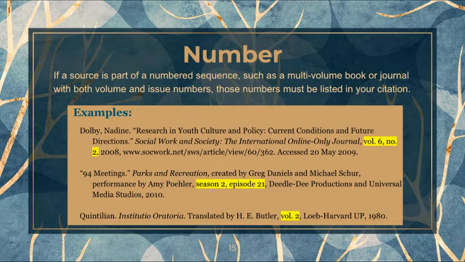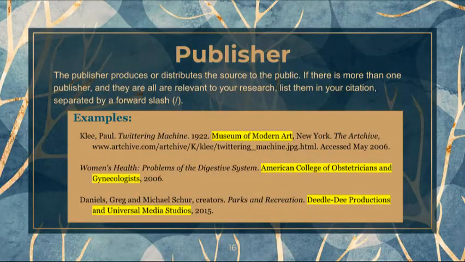One is an actual journal where you can see the volume and the number, as well as a Netflix episode where you can see the particular season and episode, and then finally an actual magazine work where you can see that it is the second volume.